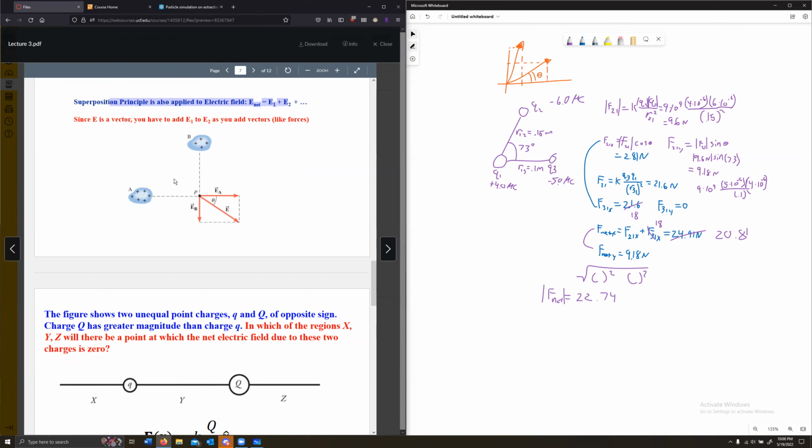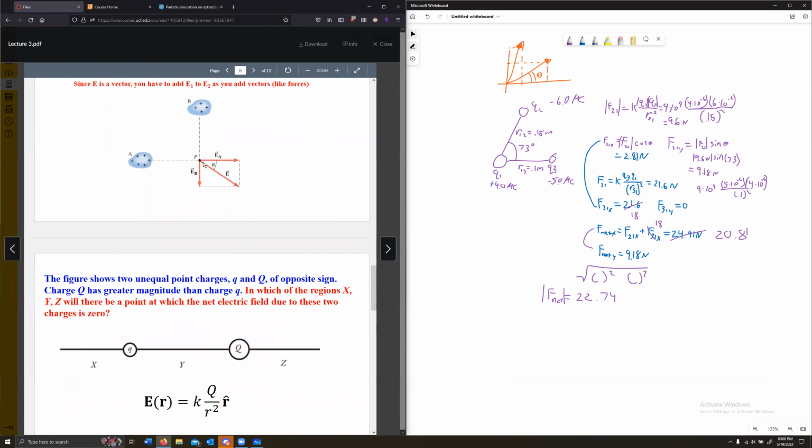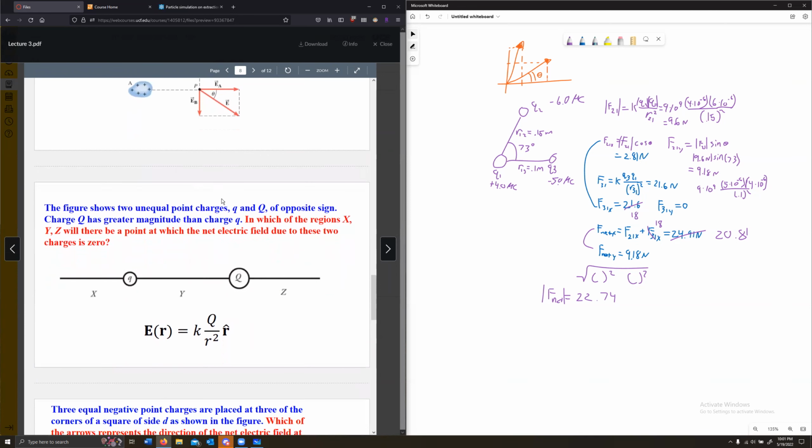Use it for the net forces in the y and x directions. That's what it is. So to find the angle here, tangent theta equals the net force in y over the net force in x. And that's how you would do that.